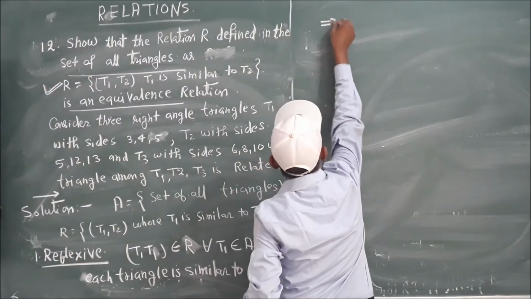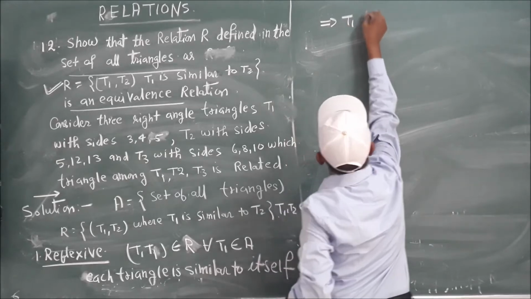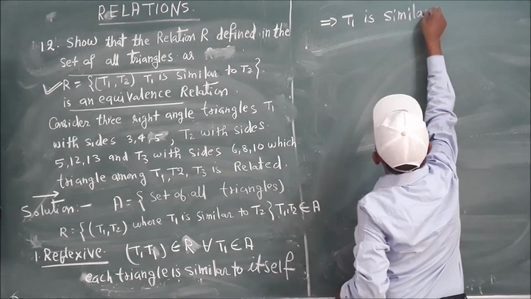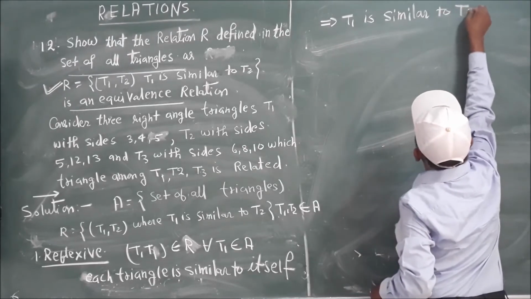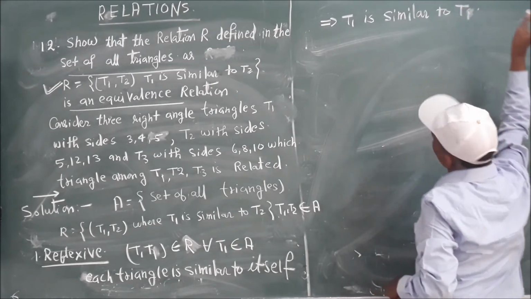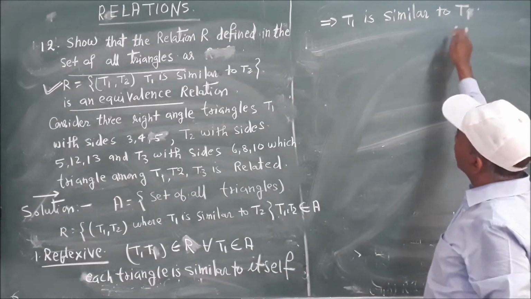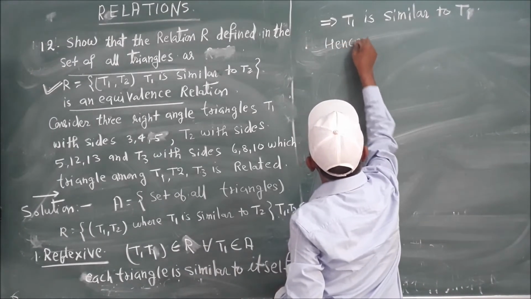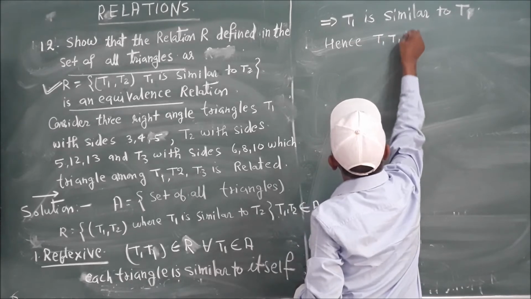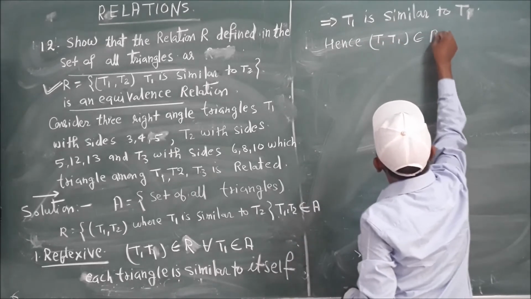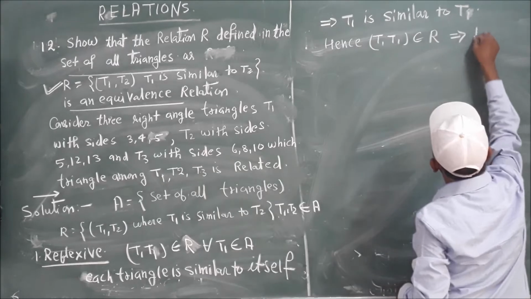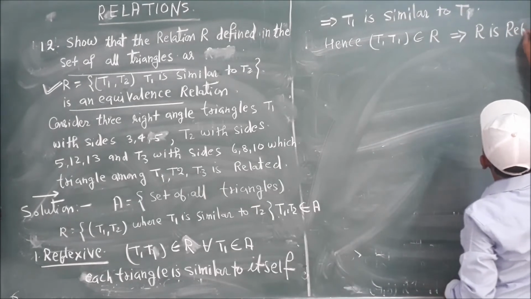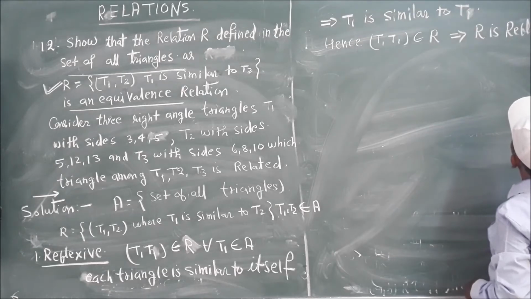Hence (T1, T1) belongs to R. This implies R is reflexive, or R holds the reflexive property.